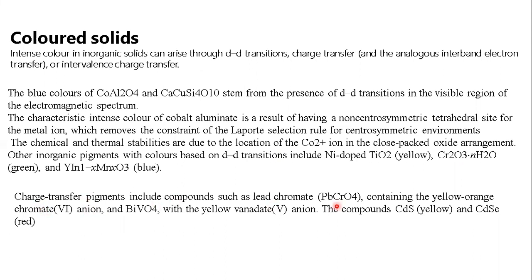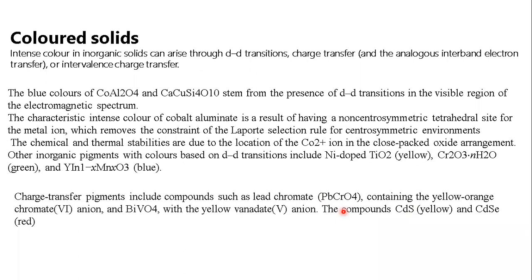Oxides as ligands have fully filled, low-lying orbitals which can donate their electrons to the d orbital of the metal. So electrons will move from the ligand orbital to the metal orbital.